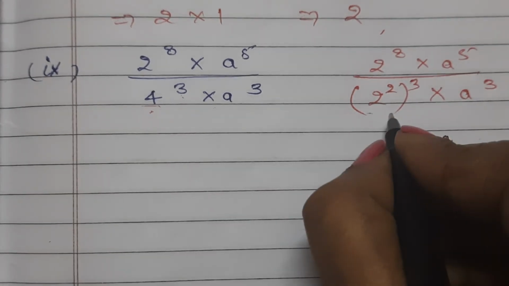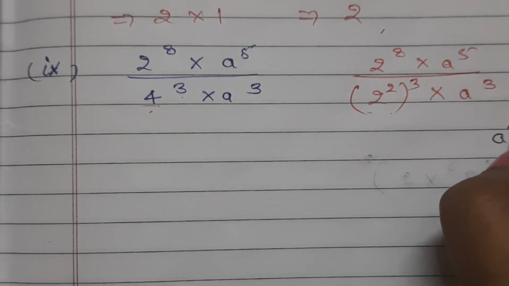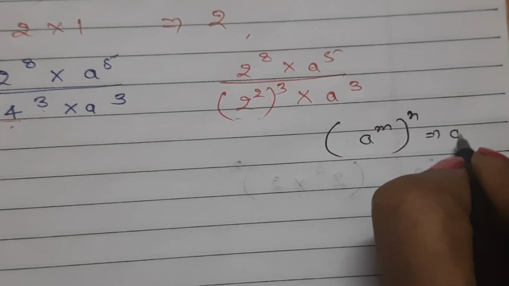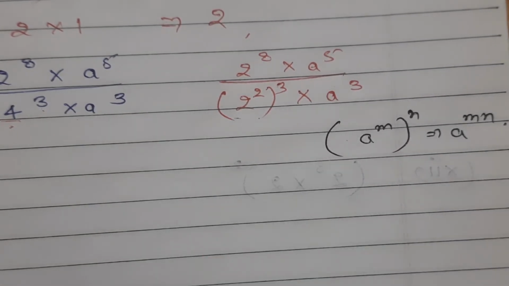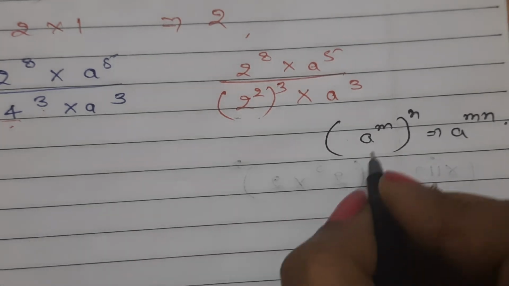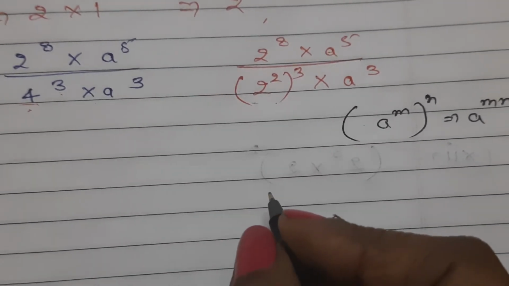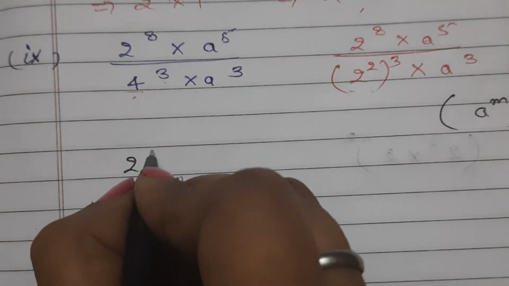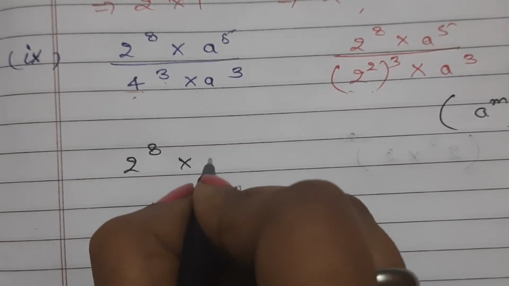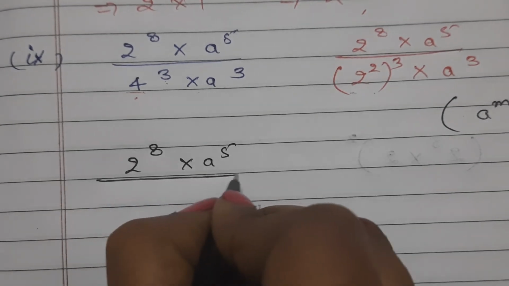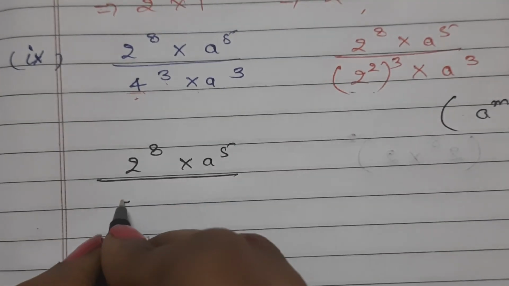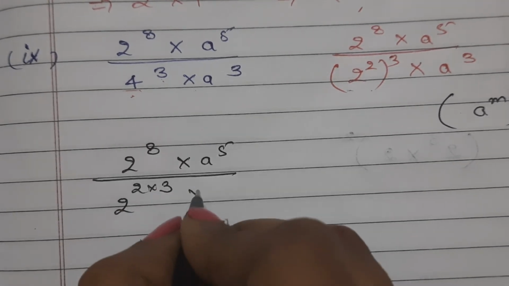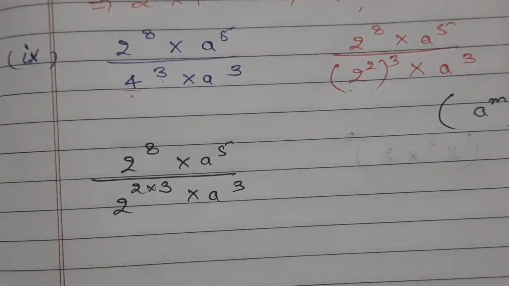We will apply here firstly (a to the power m) to the power n equals a to the power mn, and then we will apply the division rule here. So firstly let us solve it like that. 2 to the power 8 into a to the power 5 divided by, we will open it, 2 into 3 into a to the power 3.